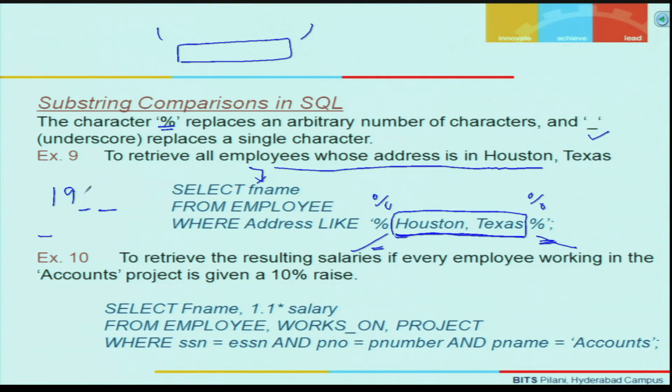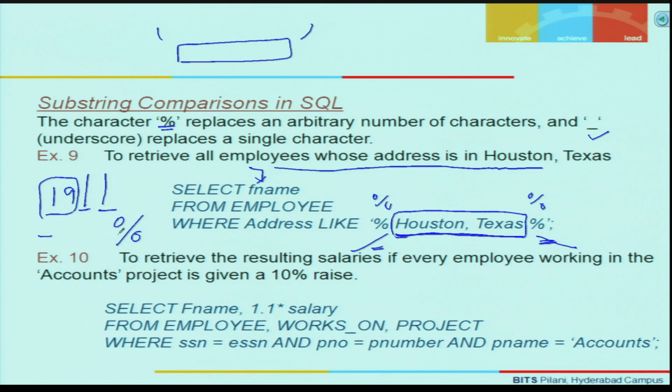I don't bother whatever is the character here and here, but it should be prefixed with 19, meaning all the employees who are born in the 1900s will show up in the result. So the underscore will replace one single character, whereas the percentage will replace any number of arbitrary characters.